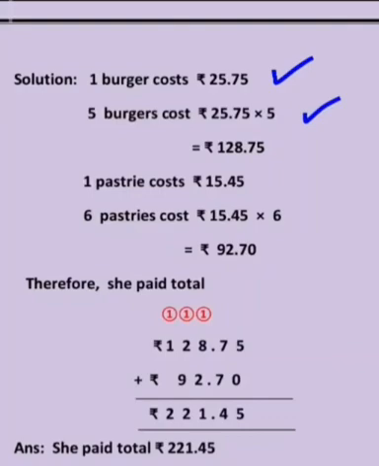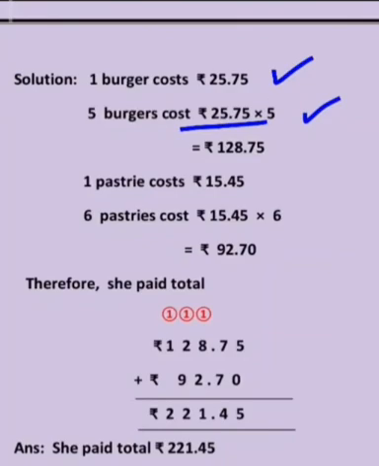As I told you earlier, in this type of multiplication you just ignore the decimal and rupees sign first. First you do simple multiplication, and then we can calculate easily.